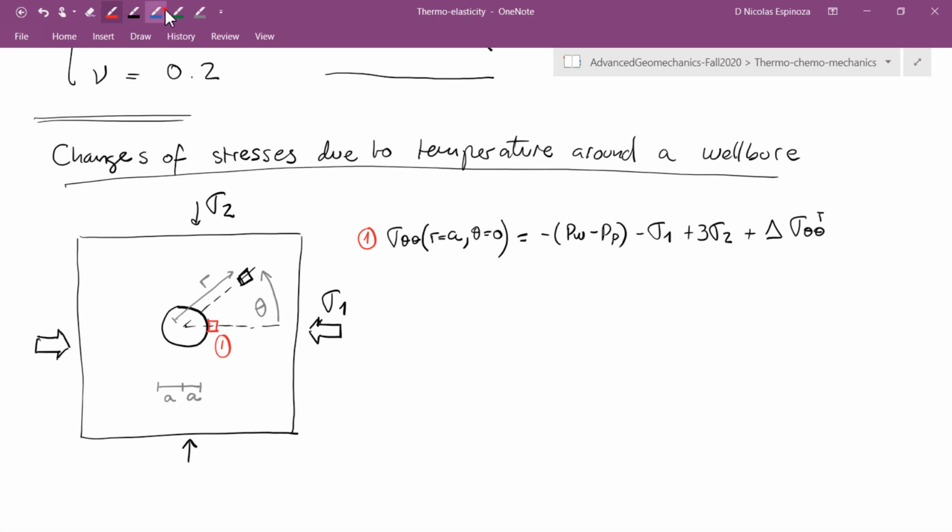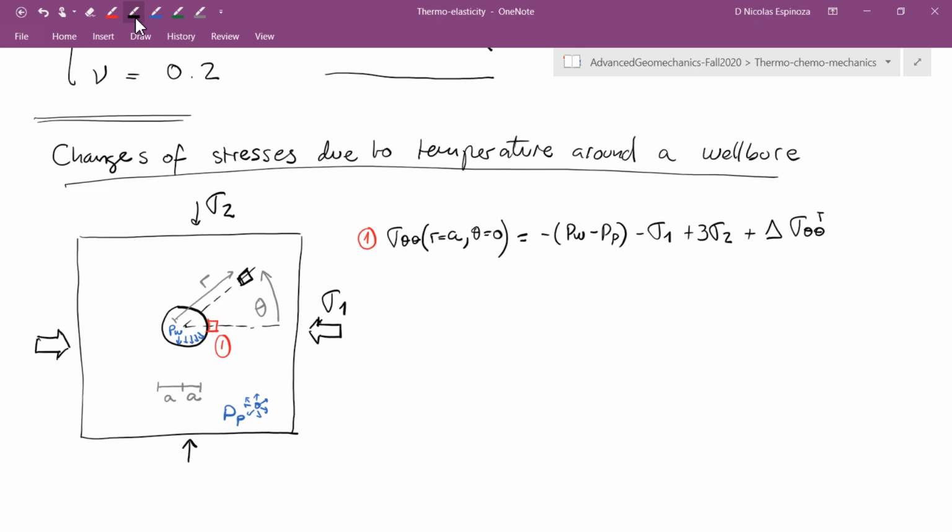And the stress at that point is going to be a function of the mud pressure or wellbore pressure applied on the wall of the wellbore, minus the pore pressure in the formation in the pore space, minus sigma 1, which is the maximum horizontal stress, plus 3 times sigma 2, which in this case is the minimum horizontal stress, plus the thermal stress.